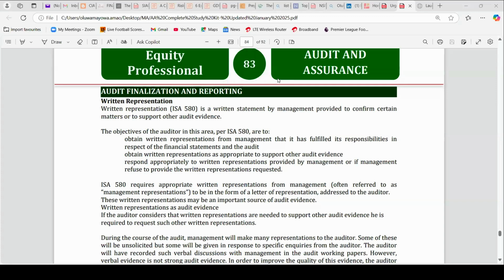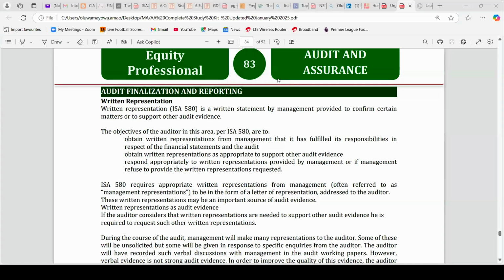Then the second thing the standard is saying is that written representation should be obtained where appropriate to support audit evidence. Now, it's one thing for the auditor to obtain audit evidence, but there are some instances where the audit evidence needs another higher level of backing.